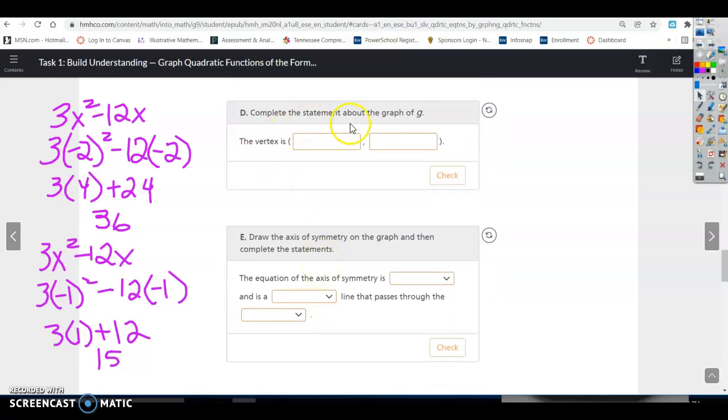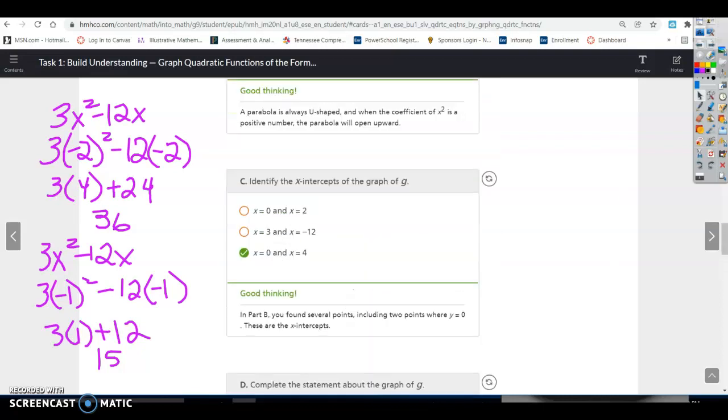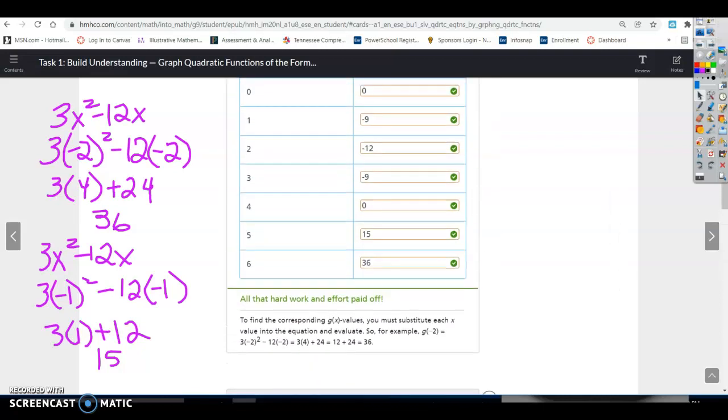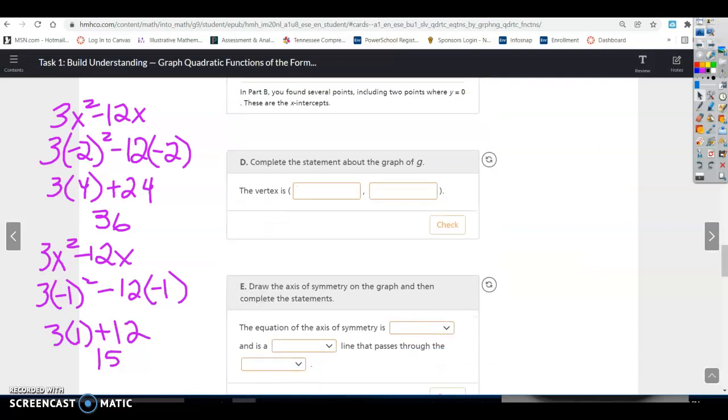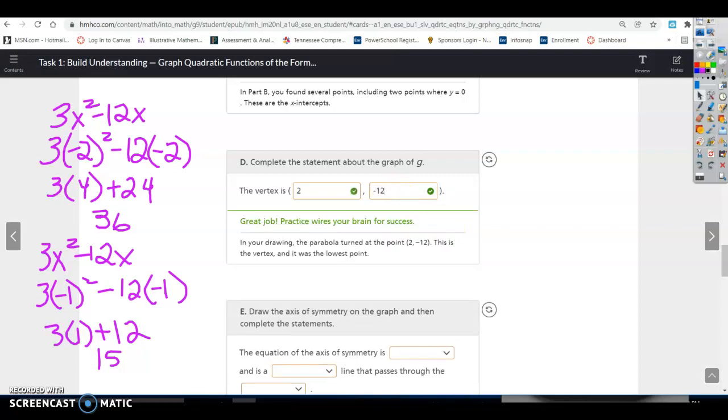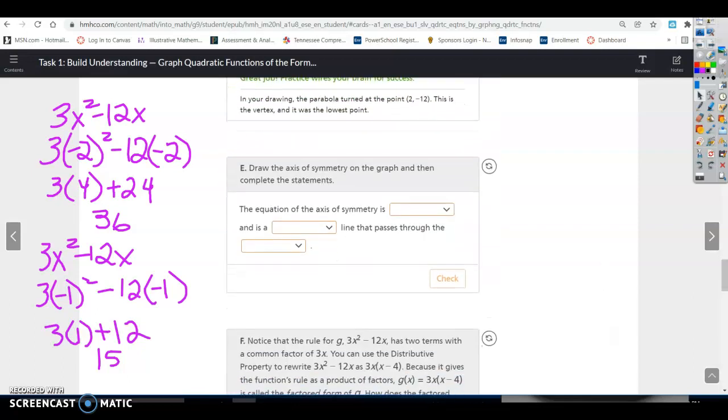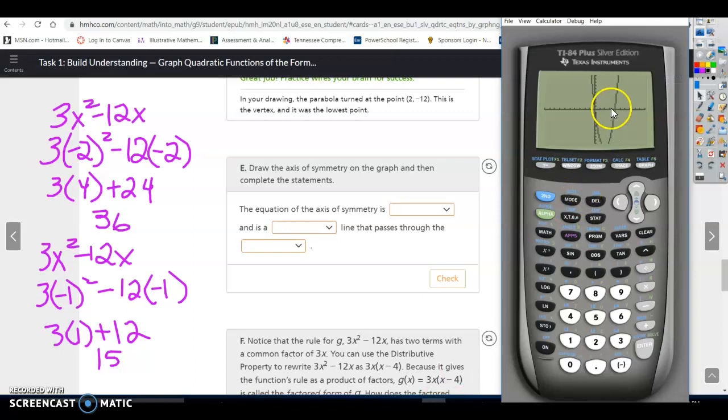All right, so it says complete the statement about the graph of G. The vertex is, all right, so I already determined that from the table. It's going to be 2, negative 12. So 2, negative 12. And then it says draw the axis of symmetry on the graph and then complete the statements. All right, so remember the axis of symmetry is this imaginary line that goes straight down through the vertex.